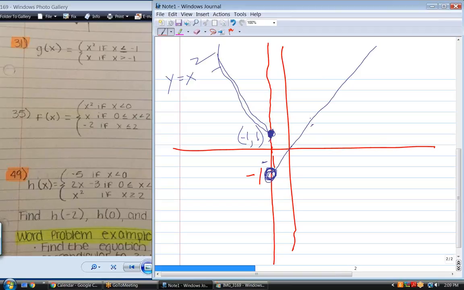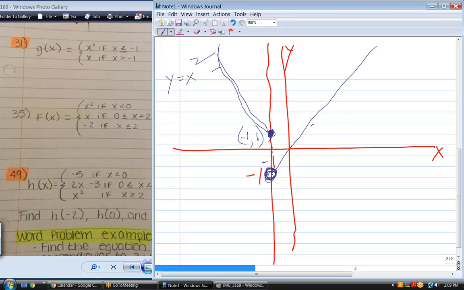piecewise functions. And if you're going the other way, where they give you the drawing and they want you to come up with the equations, do it the exact same way. In other words, if I'm looking at this drawing, here, this is a little confusing. That's the y-axis, that's the x-axis. But if I'm looking at this drawing, I'm going to start from negative infinity.